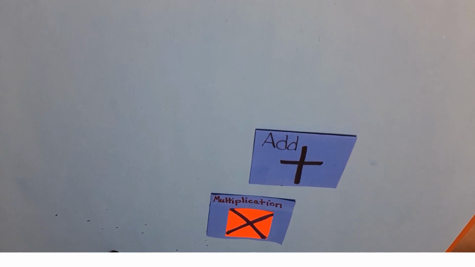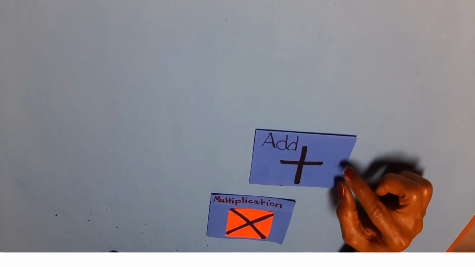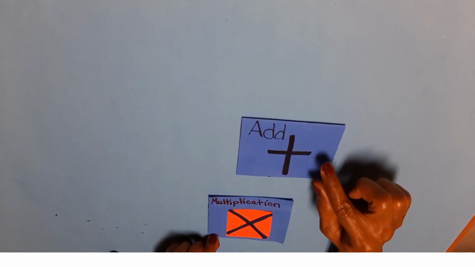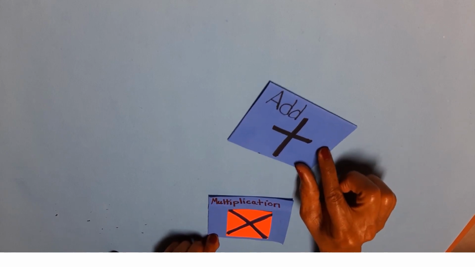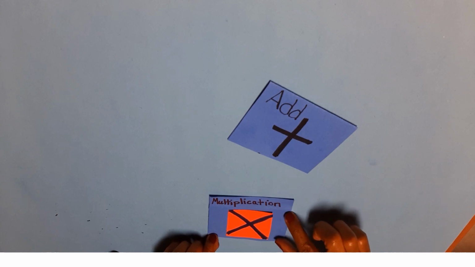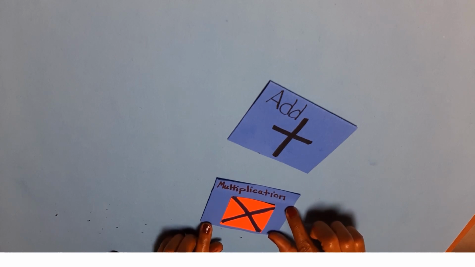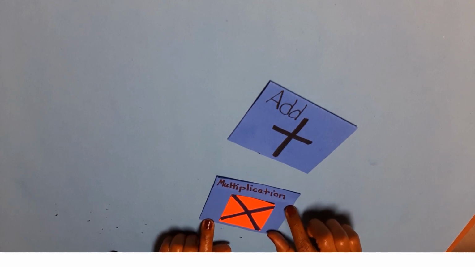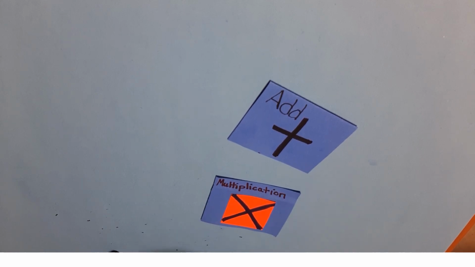As we bring our lesson to a close, remember there's 2 signs always to look out for. When you're adding, this is the addition sign, and when you're multiplying, this is the multiplication sign. Now I need somebody to tell me, if we have 3 groups and 2 balls in each group, how many would we get?